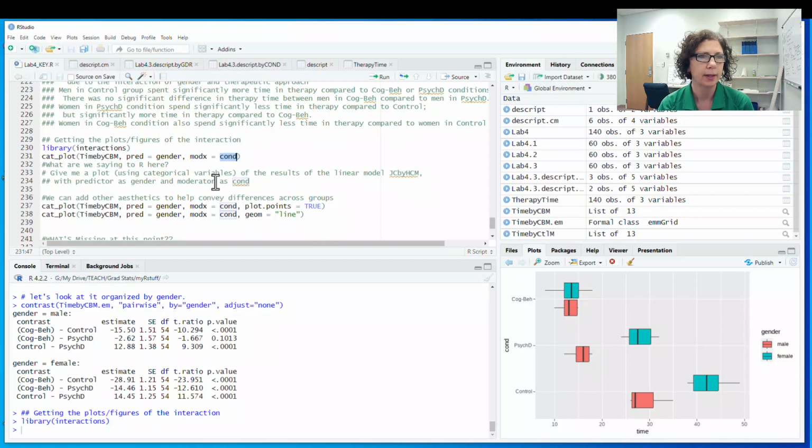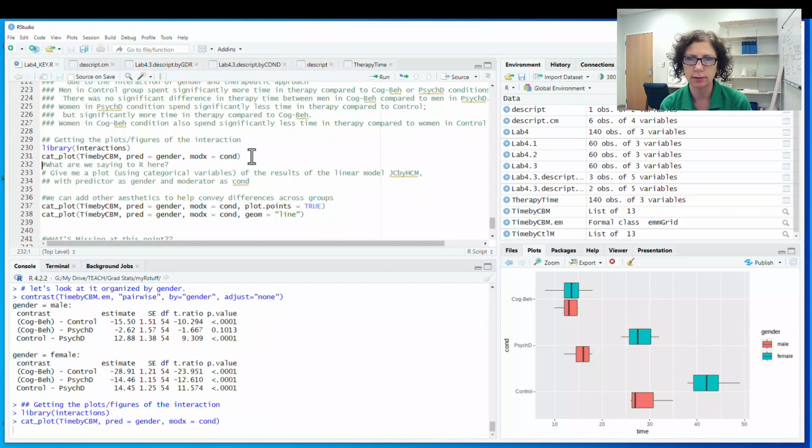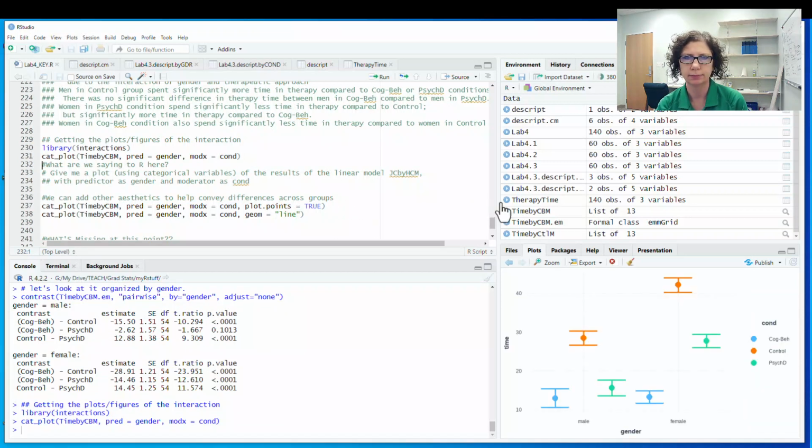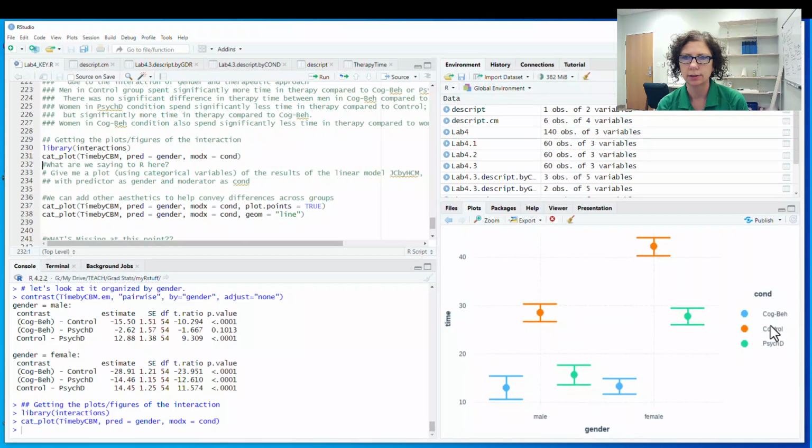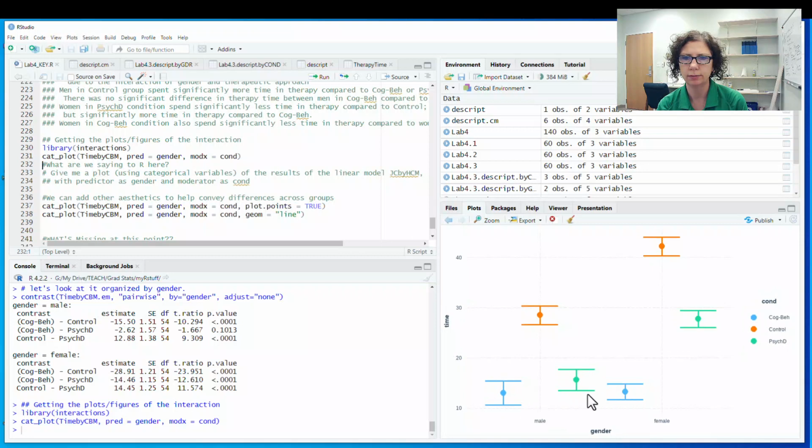Okay, so running this kind of looks like this. So cognitive behavioral between male and female, control between male and female, and psychodynamic between male and female.